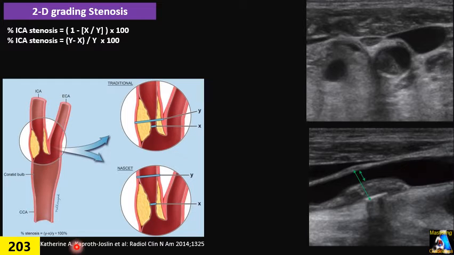In 2D, besides the characteristics of the plaque and lesion, we have to measure the size of the atheroma and the grading of stenosis based on the 2D measurement. For that purpose, we get a longitudinal view of the plaque and vessel, and then we have two techniques. One of them is traditional: we measure the narrowest diameter of the residual duct that is open.